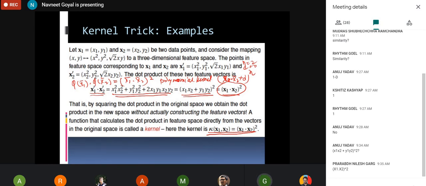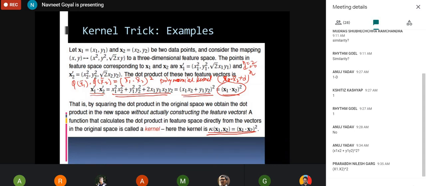Yes, it does. So in general also you can think of it that way, but here we are discussing it in the context of dot products, because dot products are used in SVM. In the formulation of the dual, dot products are required, and you have to compute them n squared times, where n is the number of training examples.